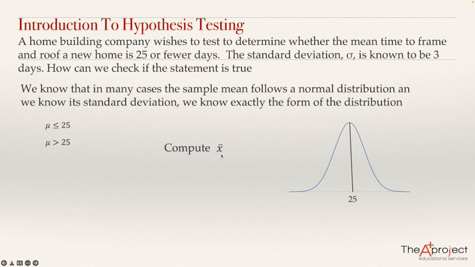But you know that the sample mean is a random variable. So it's possible that it could be bigger than 25, even if the actual mean is 25 or less. So the fact that the value of the sample mean is greater than 25 doesn't prove anything.